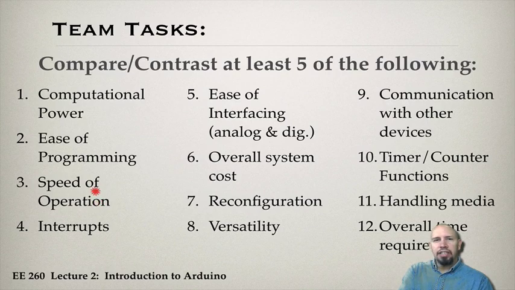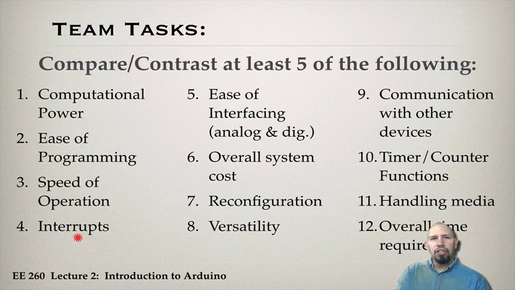How quick is the microcontroller, like the Arduino, compared to some other device, say a PLC or a CPLD or an ASIC? Which one is going to be more speedy that way?